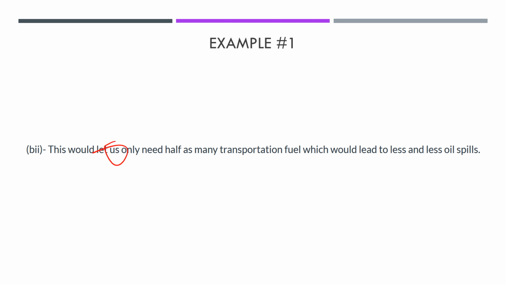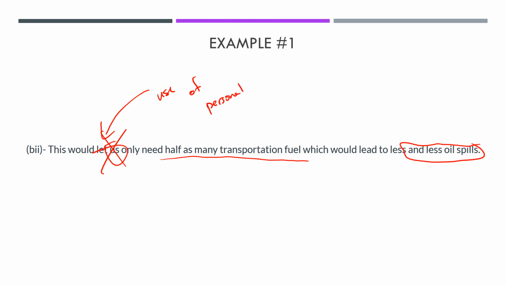So again, the problem here is the "us," and then this is good justification, and the advantage, which wasn't specified and was inferred, was the less oil spills. Okay, so again, just the problem with this response was the use of personal pronouns.